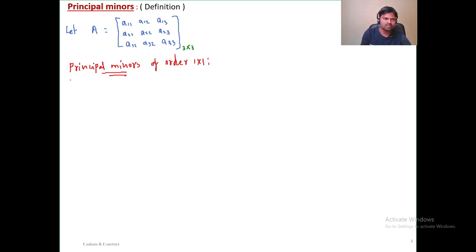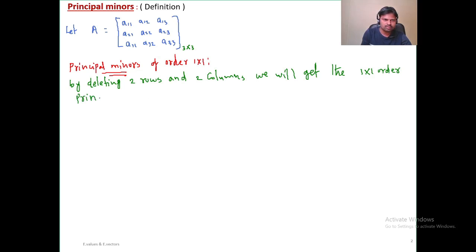By deleting 2 rows and 2 columns, we will get the 1 by 1 order principal minors. So every time you delete 2 rows and 2 columns.